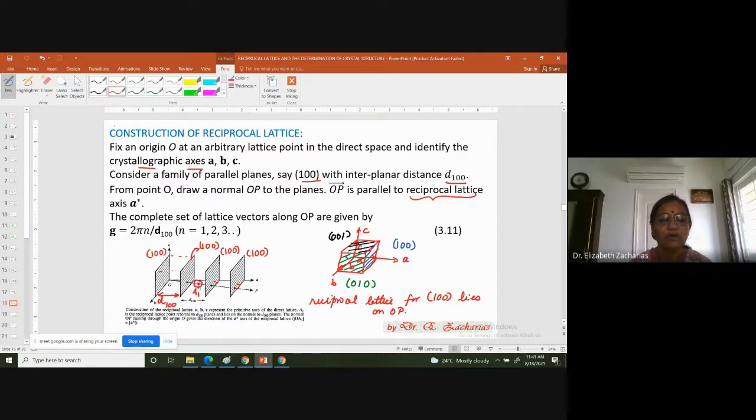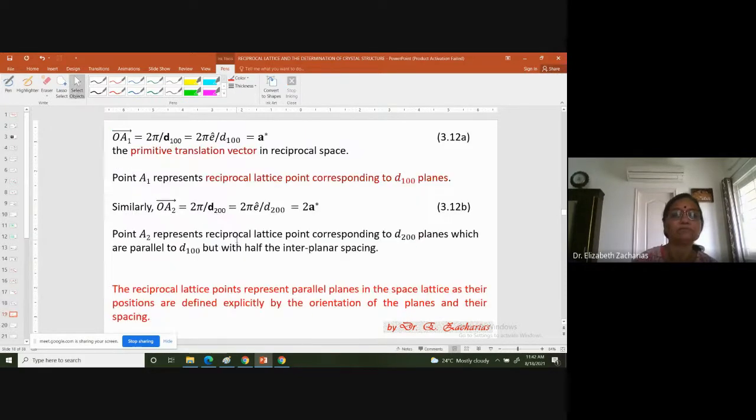We have now talked about only one reciprocal lattice point, A1. In general, we can talk about vectors lying along OP as reciprocal lattice vectors G equal to 2 pi n by D100, where n can take values 1, 2, 3, etc. This is nothing new. It has just come from the previous class.